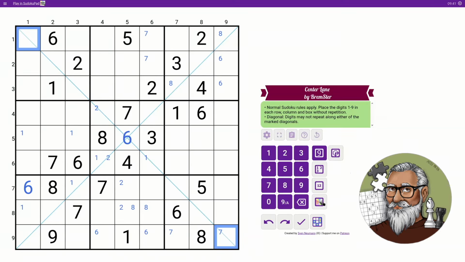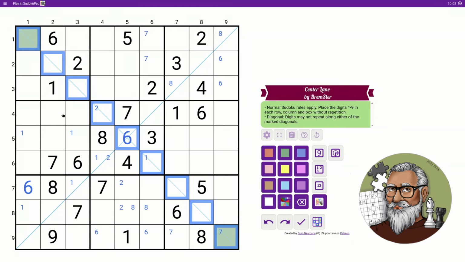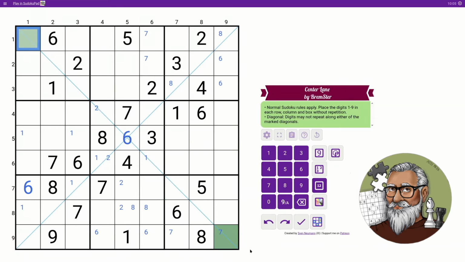Now bear with me. I'm going to use colors for that because I don't want to pencil mark across the whole puzzle. So let's say one of those is 7, right? That means that neither of these can be 7, because we do need a 7 on the negative diagonal, as already discussed.